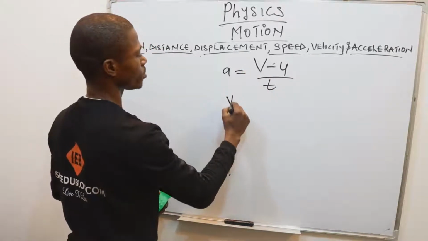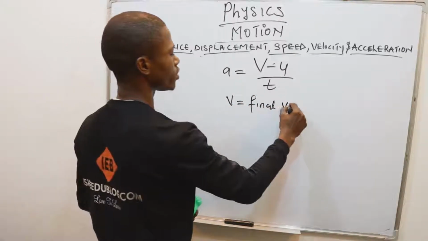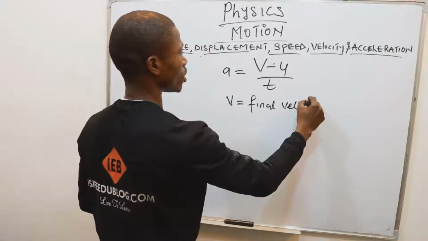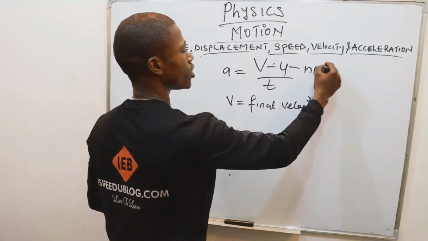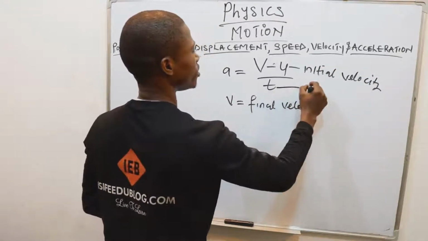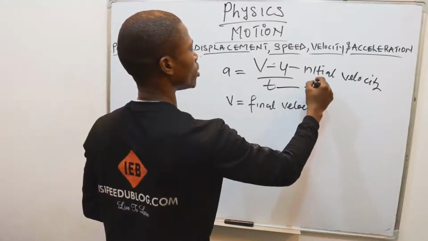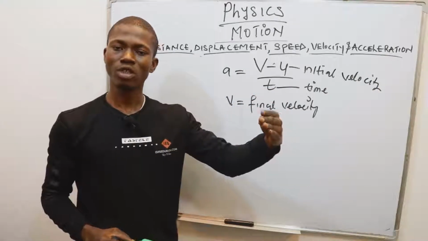This capital V is our final velocity, u is our initial velocity, and t is our time. So acceleration is the increase in velocity with time.